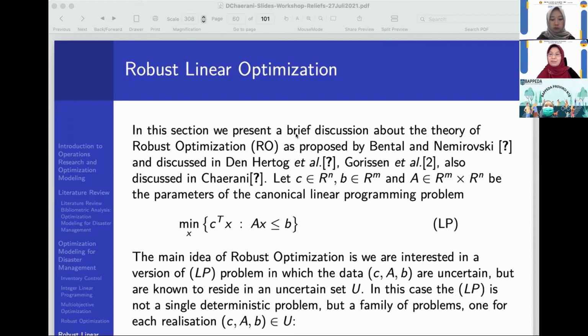Jadi kita definisikan dulu fungsi-fungsi yang terkait dengan disaster tadi, kemudian kita harus tahu bagaimana cara menghilangkan ketidaktentuan dari fungsi tujuan dan fungsi kendalanya dengan menggunakan robust optimisasi ini.